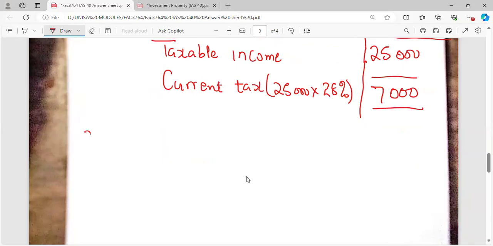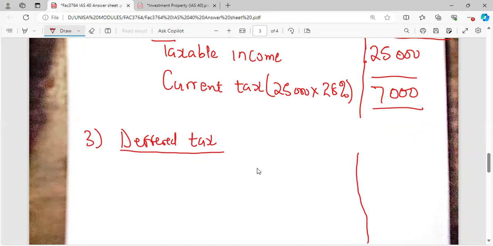So let's do our deferred tax. When you are calculating deferred tax for investment property, there is no need for you to do those boxes in the exam. It will waste your time. You just need to know which assets are going to fall under deferred tax.